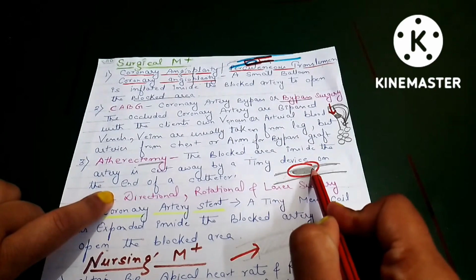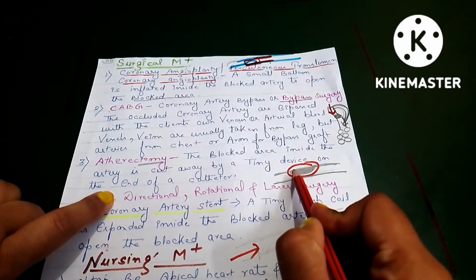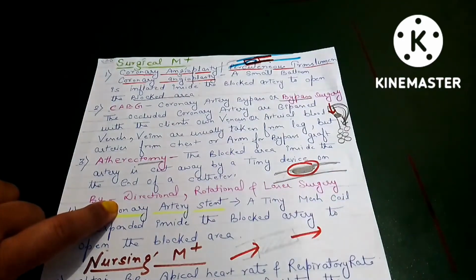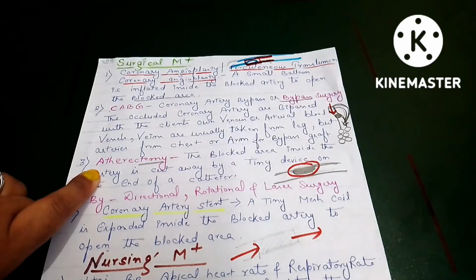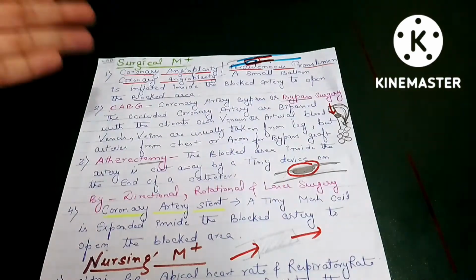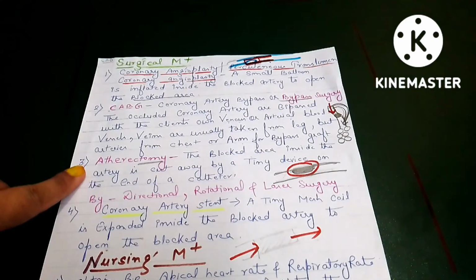Okay, so we are making a hole here and cutting this plaque, and this procedure is mainly done when your plaque is very hard. Okay, when your plaque is not going through the coronary angioplasty or percutaneous transluminal coronary angioplasty and through the CABG, then you can do this atherectomy, you can go through that procedure.